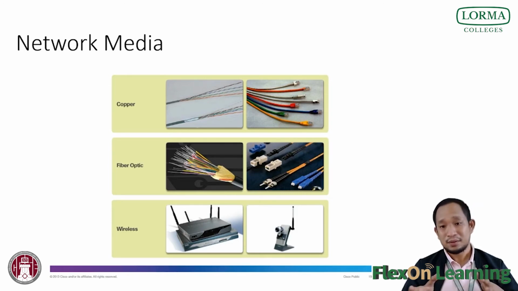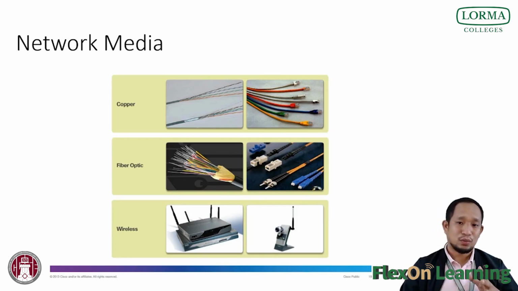And remember, this network media is very important in our networking. So we must know which one we're going to utilize. And remember, these three cater to different speeds, different types, and how long the wire or communication path is effective through different end devices.